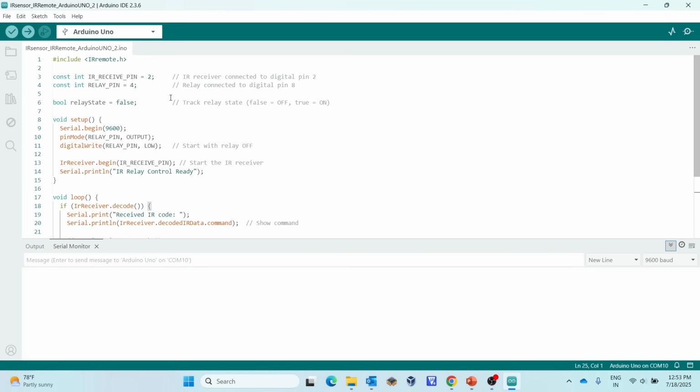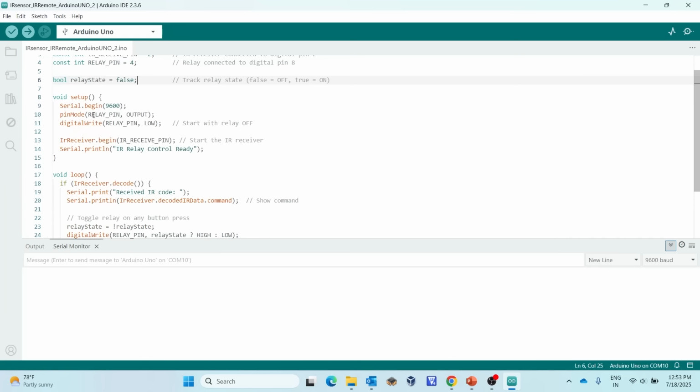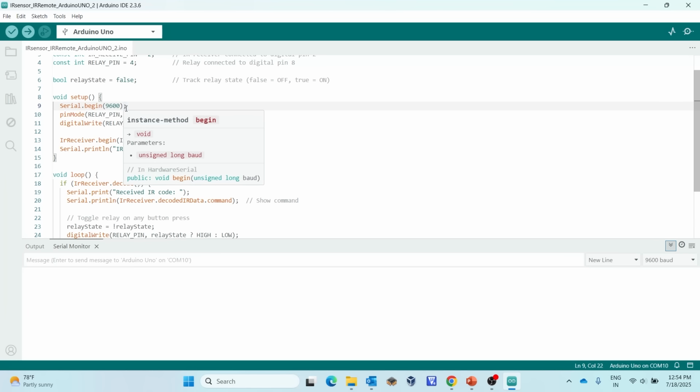To see that demonstration, here we have the source code. I have kept the pin number for IR LED as 2, pin number for relay as 4 as it is. I have taken relay state as Boolean, initialized as false. Inside the setup, I have given serial.begin at 9600 baud rate for serial communication.